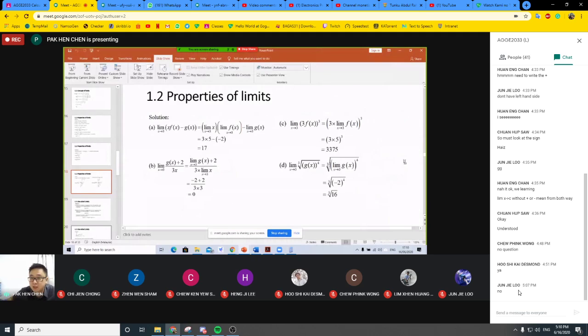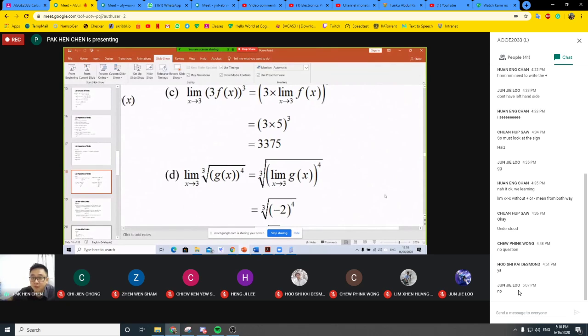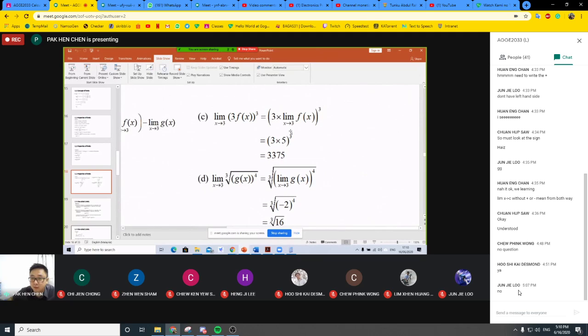Also for question C and D, when you have a power of cube, you can make a big bracket on the outside. We have the power of cube here, and then we have 3 times the limit of f(x) inside. By having this given f(x) limit value 5, that is how we get the last answer.